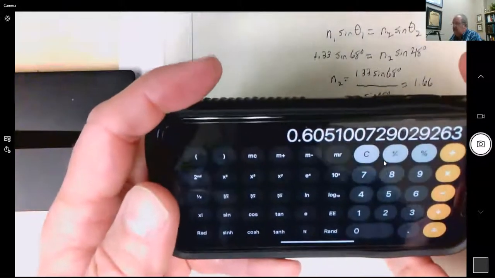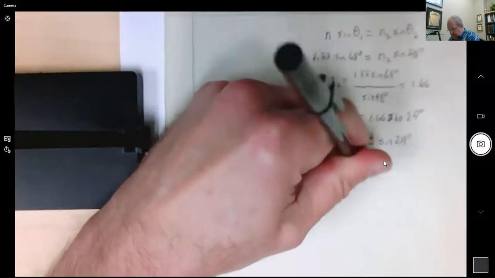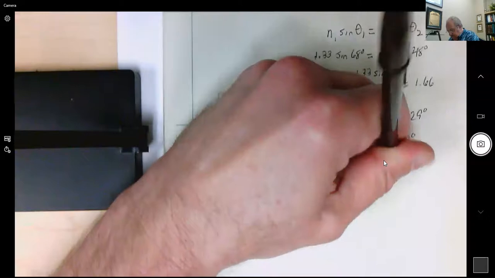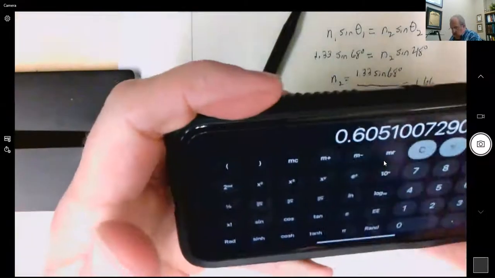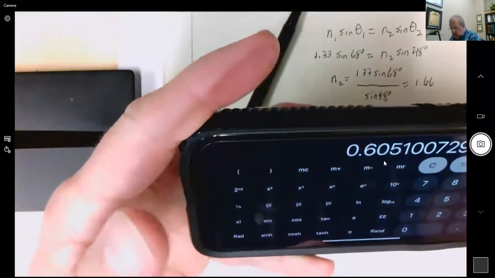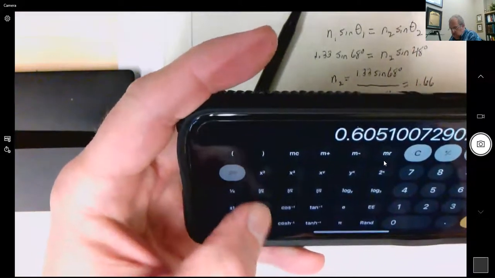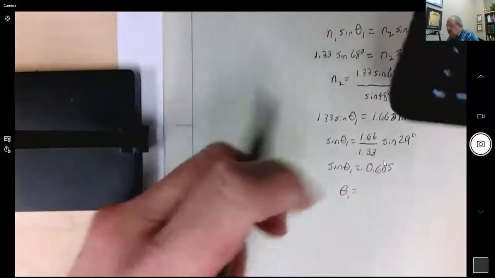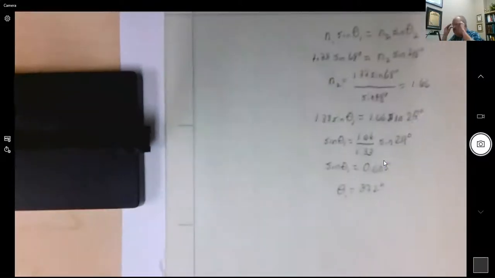And that gives us the sine of theta 1 is 0.605. And if I take the arc sine, then theta 1 is 37.2 degrees. Okay, so we just did that entire problem using Snell's law.